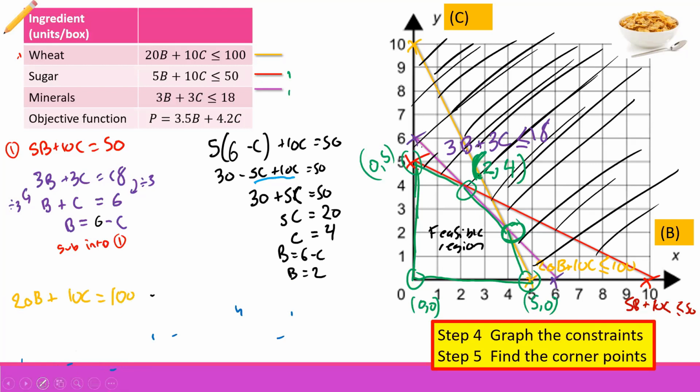And for the purple, we've got 3B plus 3C equals 18. We're going to do the same trick. B plus C equals 6. B equals 6 minus C. And we're going to substitute this into 1.